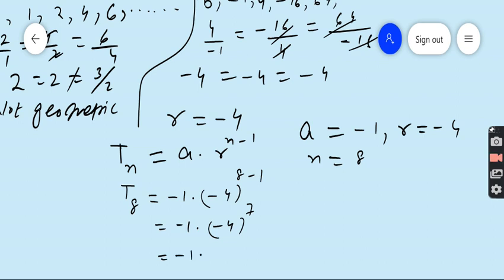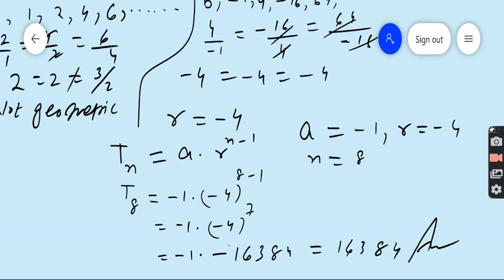So minus 1 dot minus 4 to the power 7 is minus 16384, because the power is odd, it is minus. Minus minus is plus, so 16384 is the answer of 8th term.